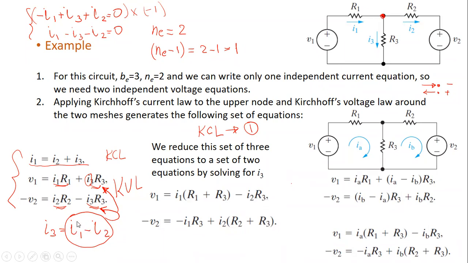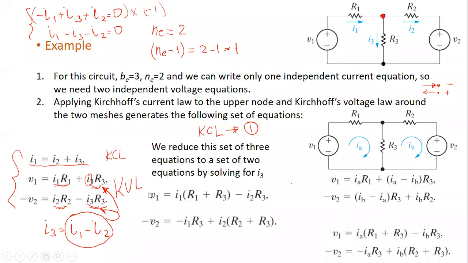If you plug this value here, you will have I2 multiplied by R2 and I2 multiplied by R3, and negative negative will be plus. So I2 will be multiplied by R2 plus R3. And here negative I1 multiplied by R3.